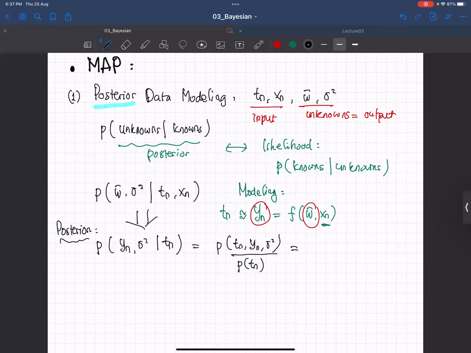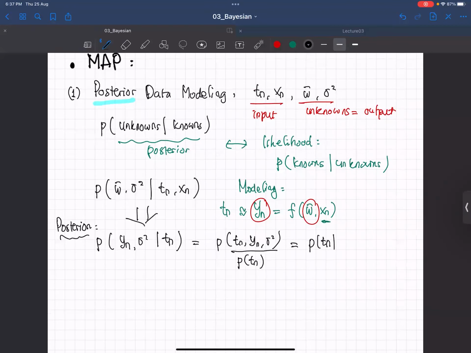So how can we write the likelihood? What is the likelihood definition? It's knowns given unknowns. What is known here? Tn given Yn and sigma square. If we do this, it means that this one has to be kicked out from this bracket.